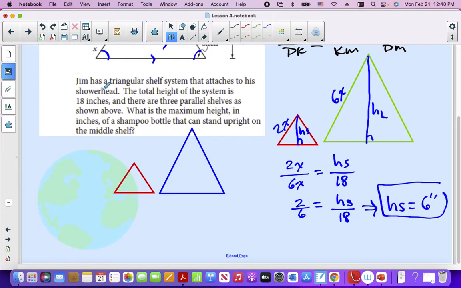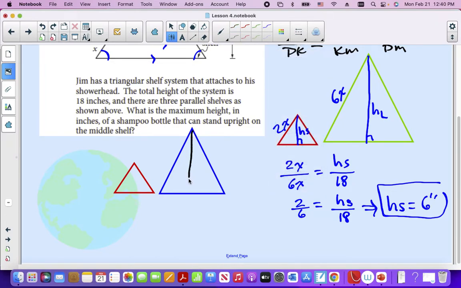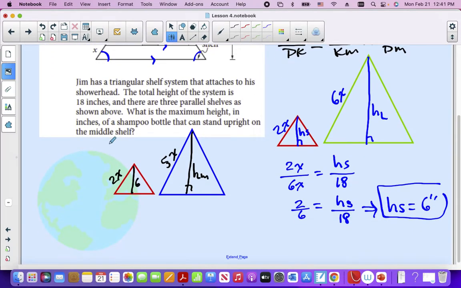Now I need to find the middle. Once again, we put the height in here, that is HM. This is HS, which we already found to be 6. This is 2x, and this is 5x from the given information. If you look at the side length of the small triangle, it is 2x plus 3x for the middle triangle.